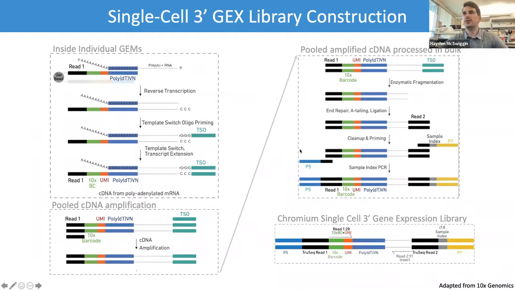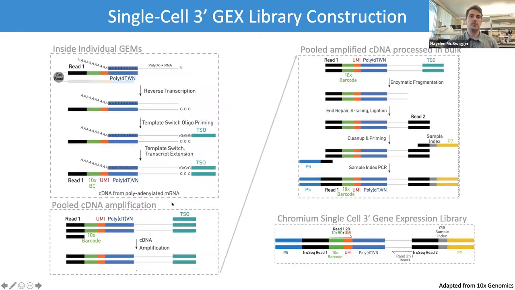So this slide can be kind of confusing or overwhelming, but I'll point out the important parts here. This top left portion happens inside of the gem. You have your oligo that's attached, that's inside of your gel bead, and the mRNA that's released from the cell will attach to this oligo. You'll perform reverse transcription, which will convert your RNA into complementary DNA, cDNA.